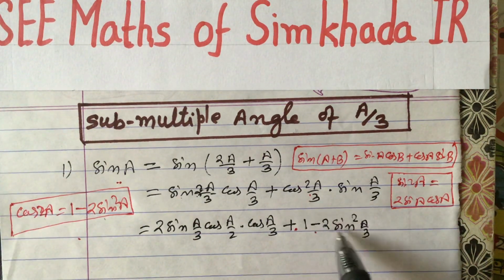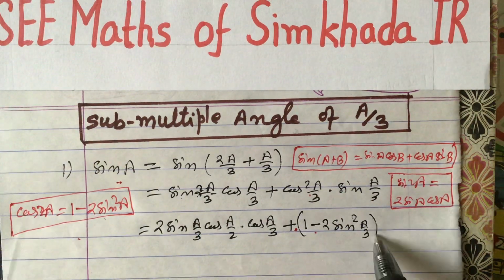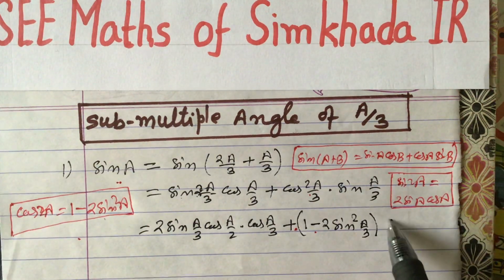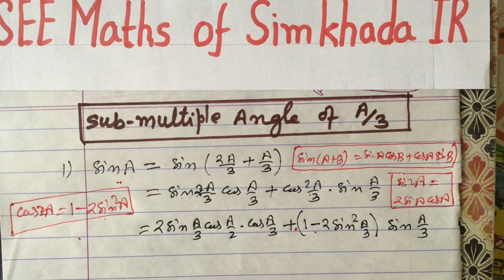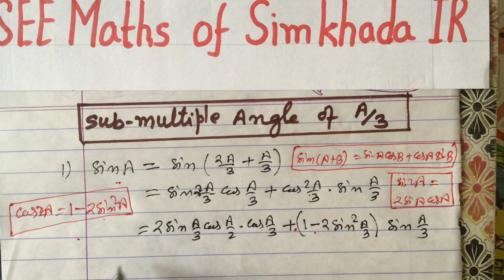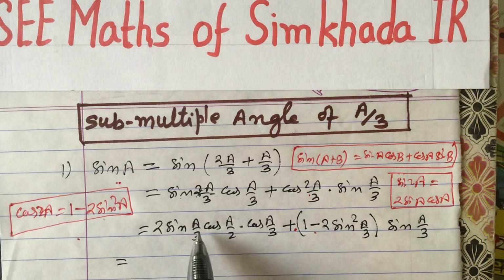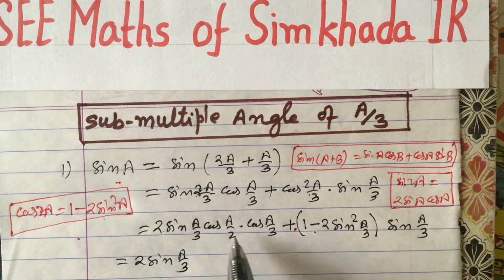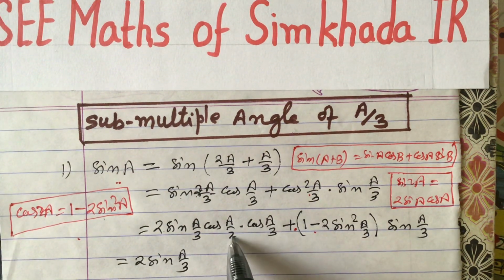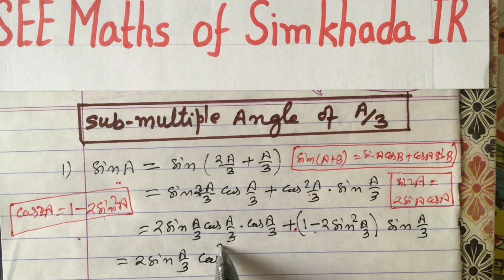Now since there are binomial terms, we need to put bracket over here like this, and sine A by 3 as it is. Sine A by 3 we can write as it is. Okay. Now this is equal to, let us write down the sine A by 3 as it is, 2 sine A by 3 as it is. Now cos A by 3 and cos A by 3, that is cos square A by 3. Cos square A by 3 we can write.